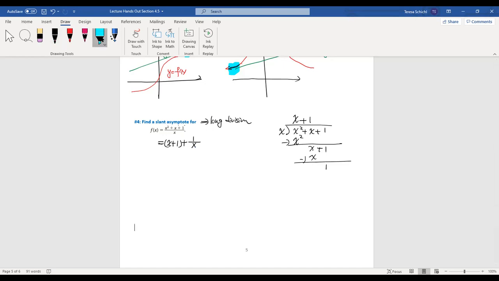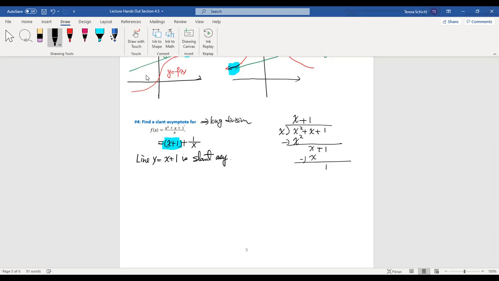Then we know the line y equals x plus 1 is the slant asymptote.